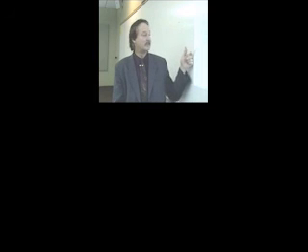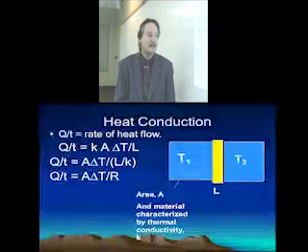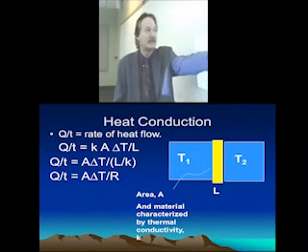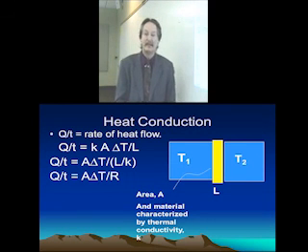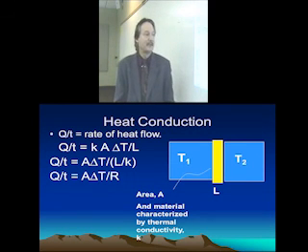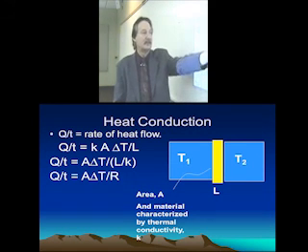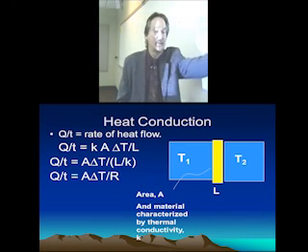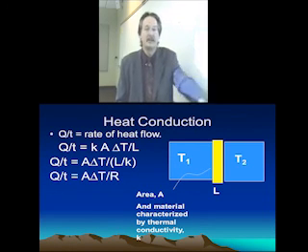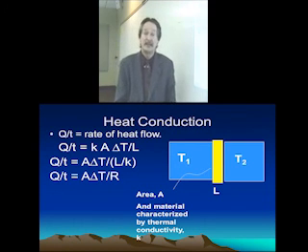Let's look at them individually. Heat conduction. Here we have a representation of 2 regions of temperature T1 and T2 separated by a boundary, a layer of thickness L. This area A is representative of the cross-sectional area of this thickness L. Imagine a piece of glass between the inside and outside of your house.